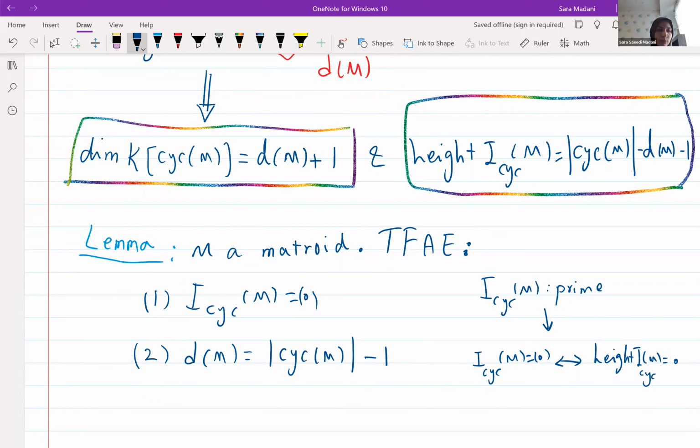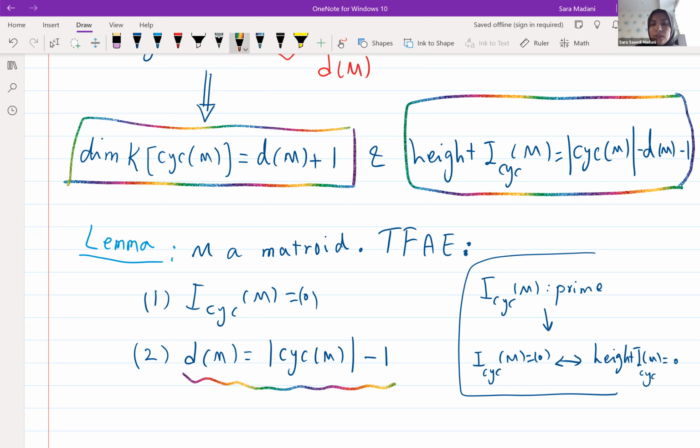So it is an easy observation. With this observation, let's look back at the formula of height. Height equal to 0 means exactly this 2. This is an easy lemma, but now, based on our formulas and what we mentioned yesterday, we have a totally combinatorial criterion for vanishing of this ideal.